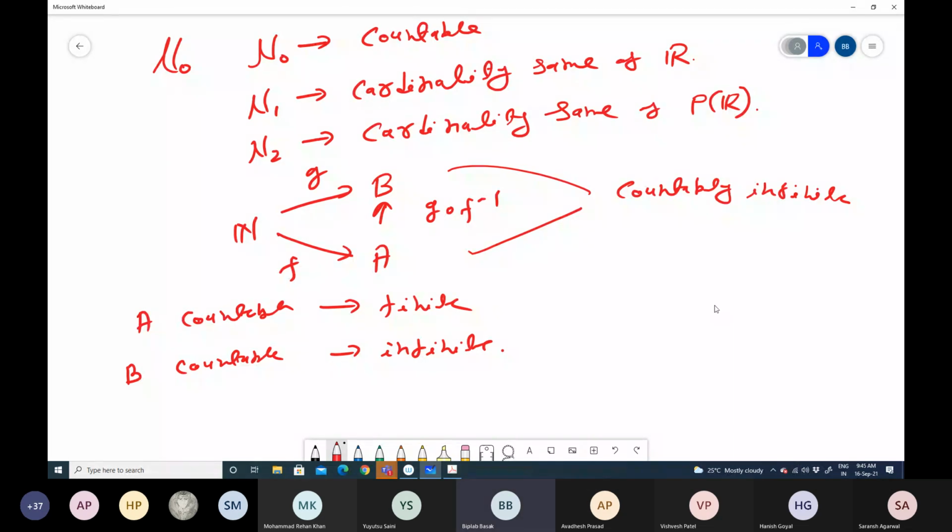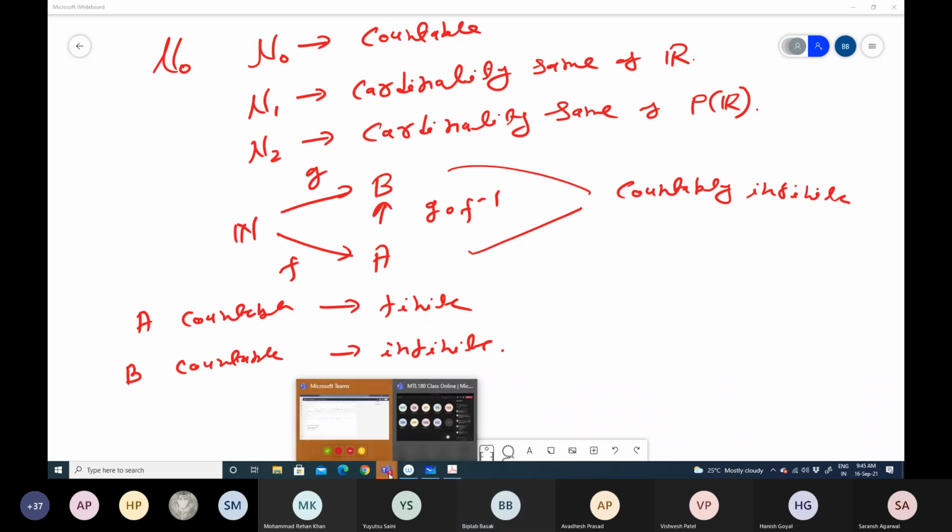Generally, the comparison of cardinality is for the infinite case only, because for the finite case you know they are distinct numbers, so there is nothing to show.